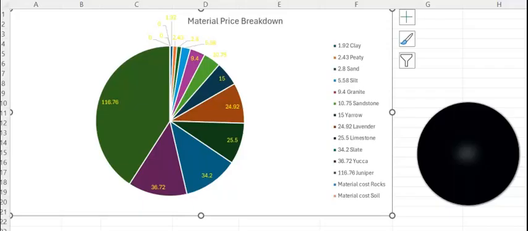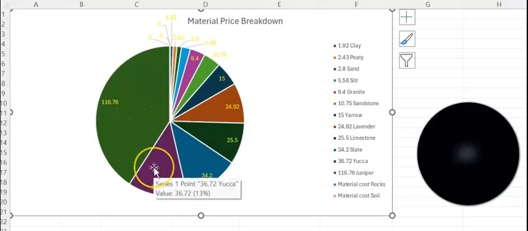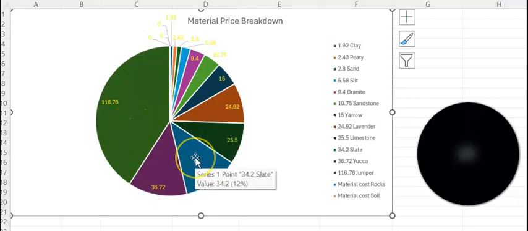So this is our price breakdown chart of the various landscaping materials that were used in the project. Based on the given inputs that we put in for the chart, based on this current job, the most expensive material was juniper, followed by yucca, and then followed by slate, rounding up the rear.